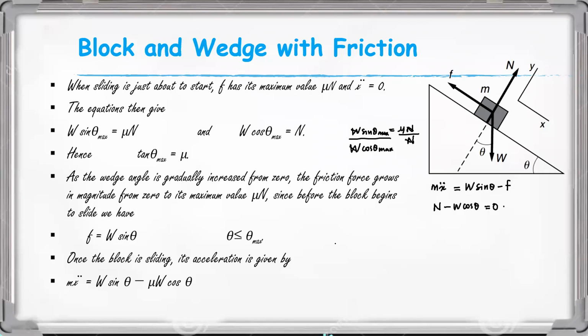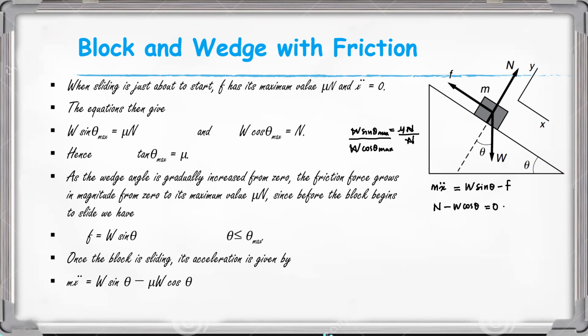Look at here. Here the expression is m x double dot is equal to W sin theta minus F, and F is the frictional force. It has maximum value up to when it just starts to slide. Then before the block begins to slide, F must be equal to what? W sin theta, for the case x double dot is equal to 0.